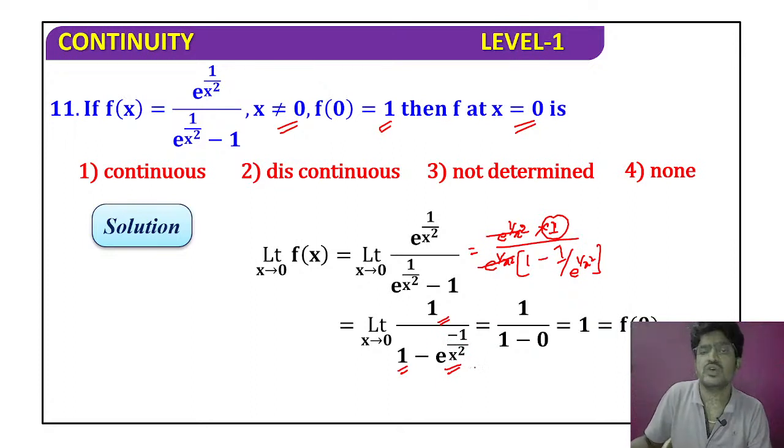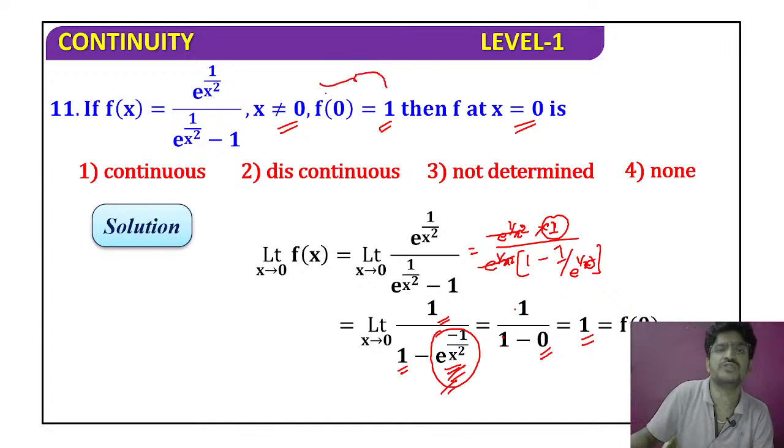Now as x tends to 0, this term becomes 0, because if I put 0 here, 1 by 0 is infinity, and 1 by infinity becomes 0. So 1 by 1 will become 1. Already they have given f of 0.